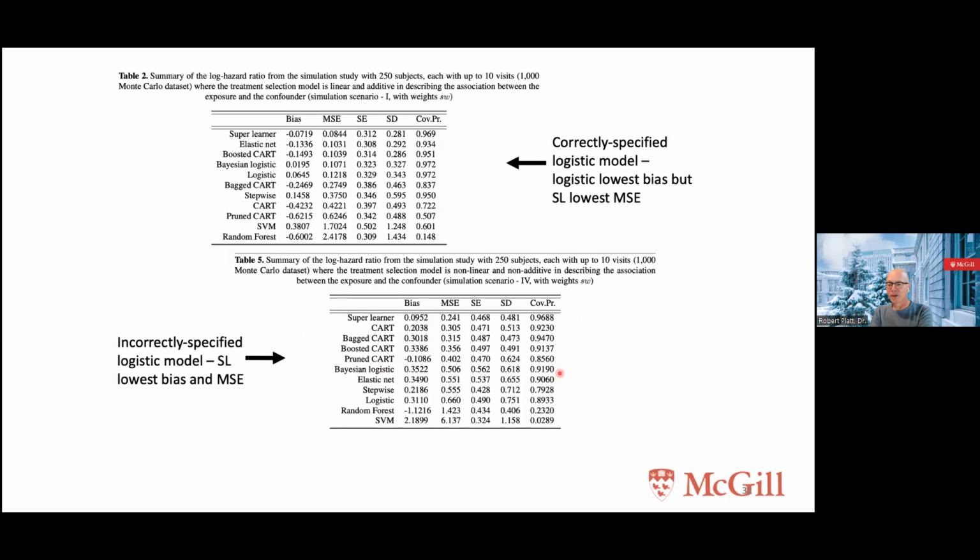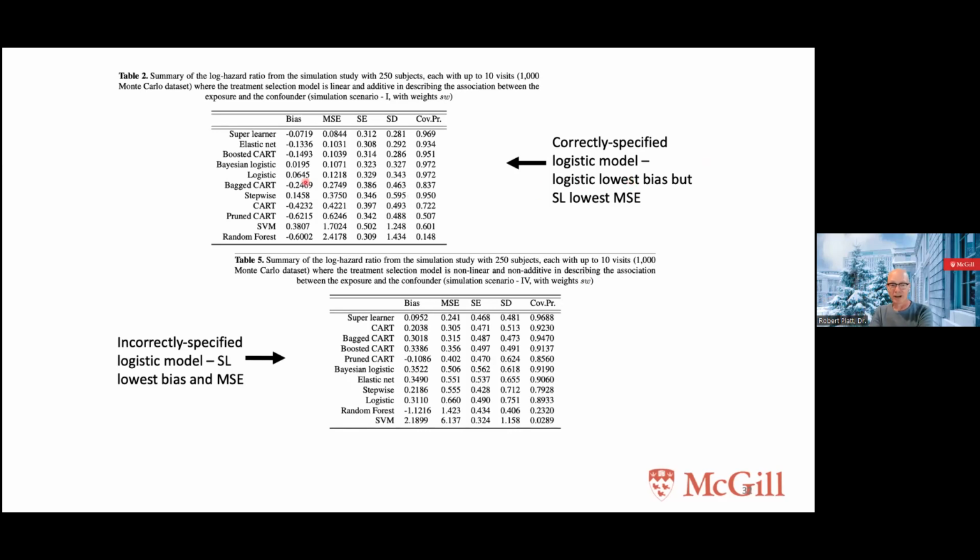And I don't need to go into the details of these results other than the two big boxes over here. So if we know the functional form of the propensity score model, so if we're in the Judea Pearl DAG world, we know which X's are important and we know how they predict treatment, then whatever method we use works pretty well.